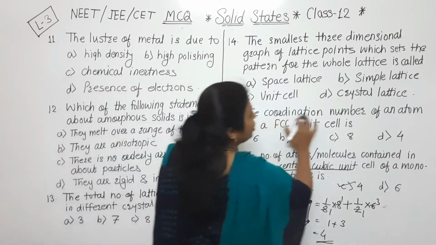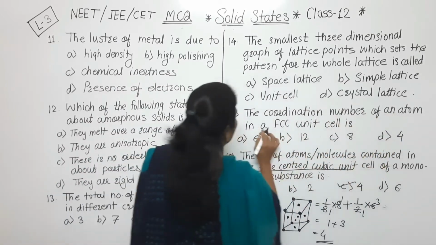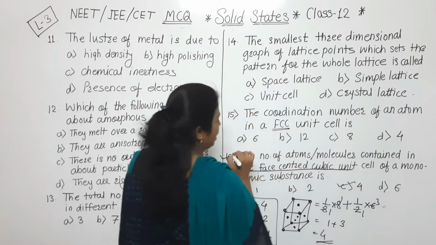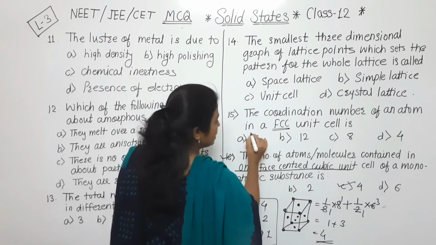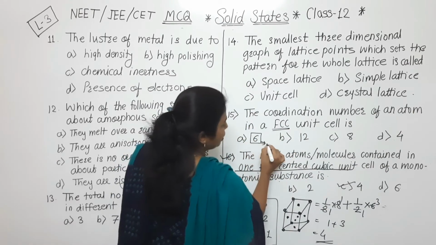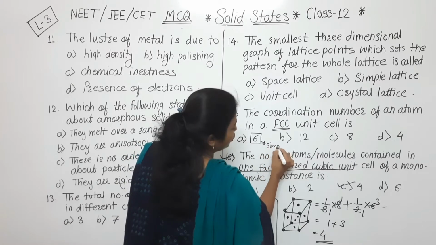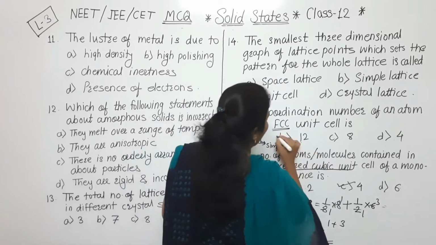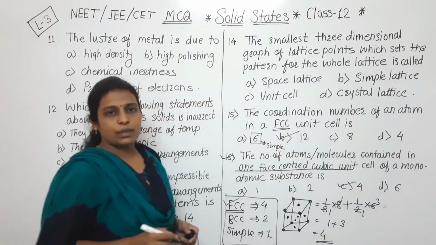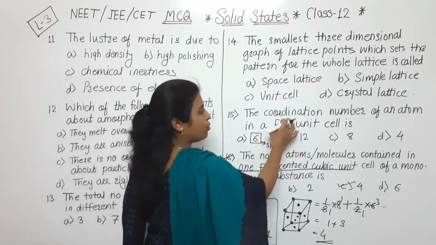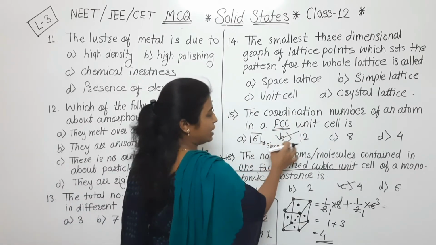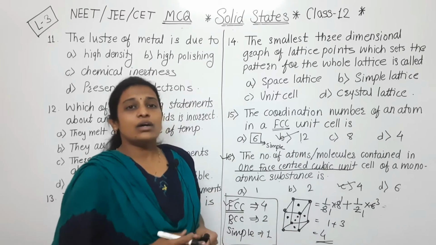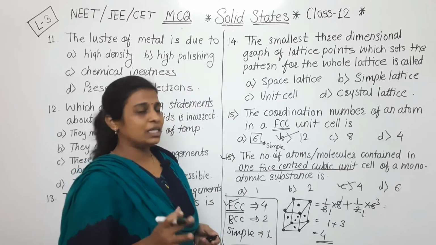Next one, the coordination number of an atom in FCC unit cell. If we consider 6, that coordination number is for the simple cubic unit cell. 12 is the answer for FCC, means the coordination number of FCC unit cell is 12. 8 is the coordination number of the BCC.